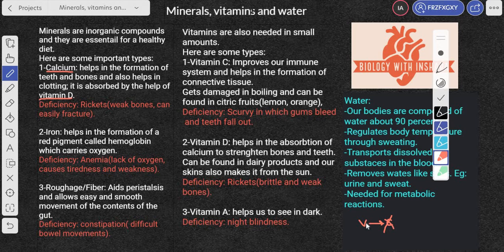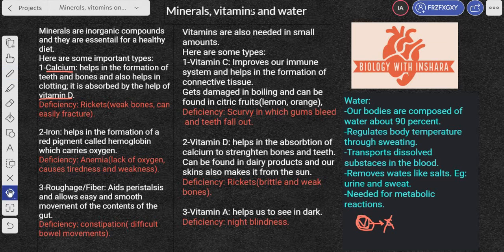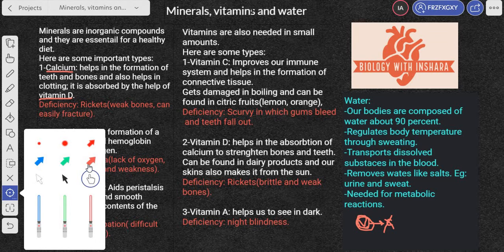So in other words, you need vitamin D to get your calcium absorbed, because if there's no vitamin D then there's nothing to get your calcium absorbed. So remember to have your vitamin D taken as well along with your calcium if you want your calcium to be absorbed. So having calcium without vitamin D is like having nothing.